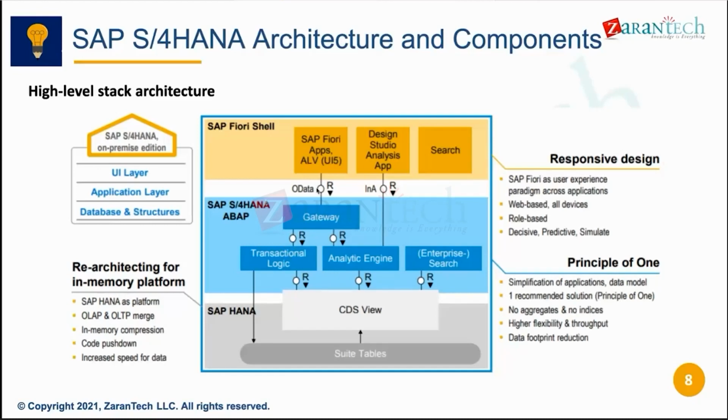So whenever there is an OLTP or transactional thing, it directly goes and writes in rows here. Direct logic. It directly goes to the table and updates. Whenever there is a query, for example, an analysis app, Design Studio analysis app or BW or whatever it is, it will use this analytic engine or enterprise search to give the data.